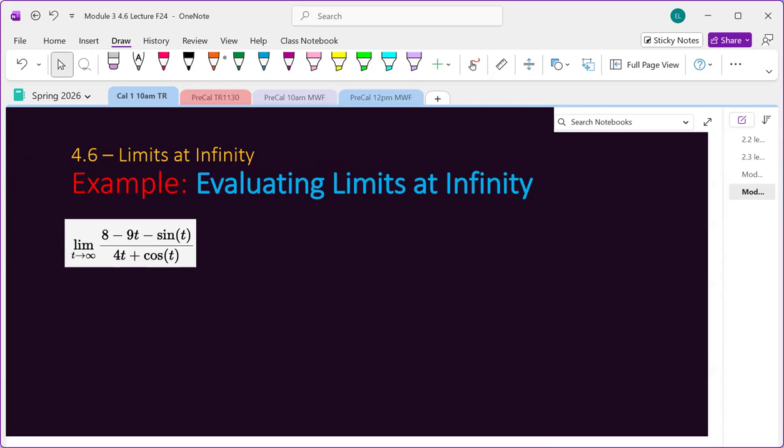All right, now this one here, we're looking at the limit as t approaches infinity. And I've got some polynomial terms, but I also have some annoying trig function terms.